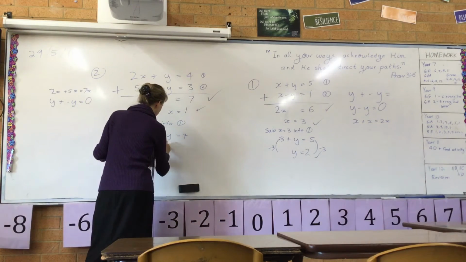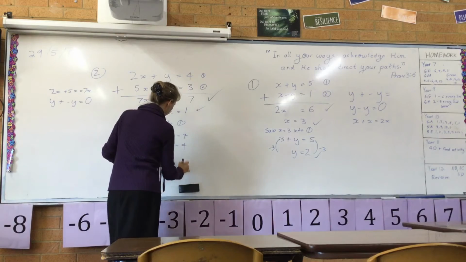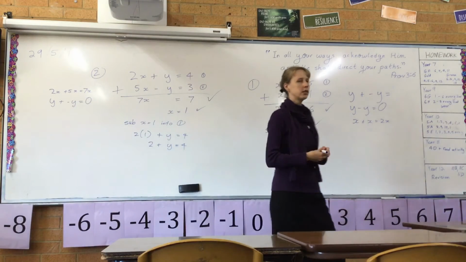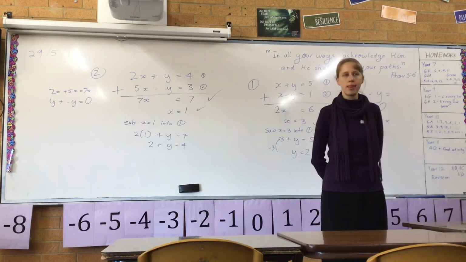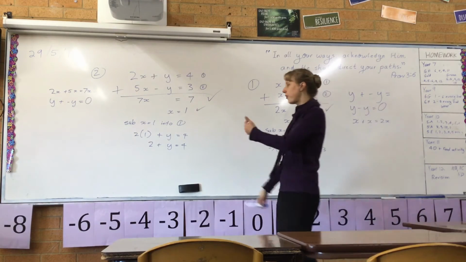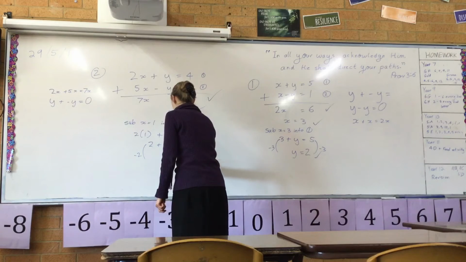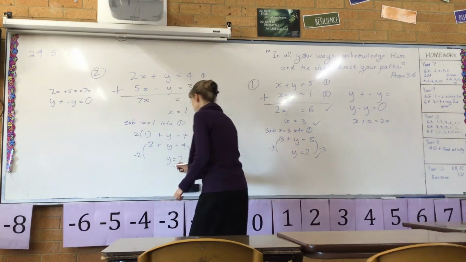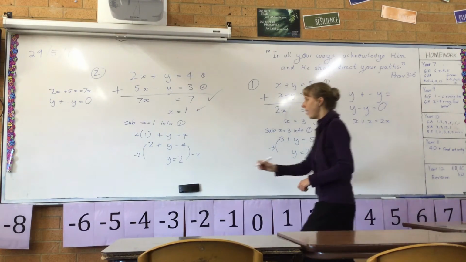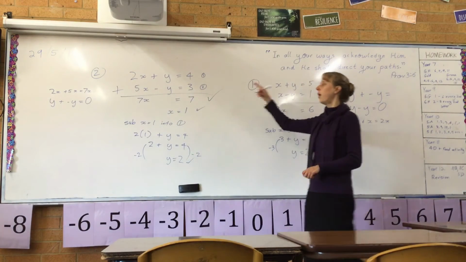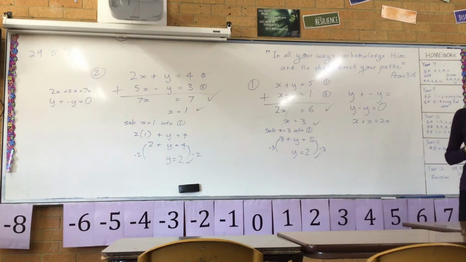I'm going to have 2 plus y equals 4. Oh, I think we can do this. What will I do now? Take away 2 from both sides. I love it. Minus 2, minus 2, and I have y equals 2. So I now have my x, I have my y, and I've solved the equation.